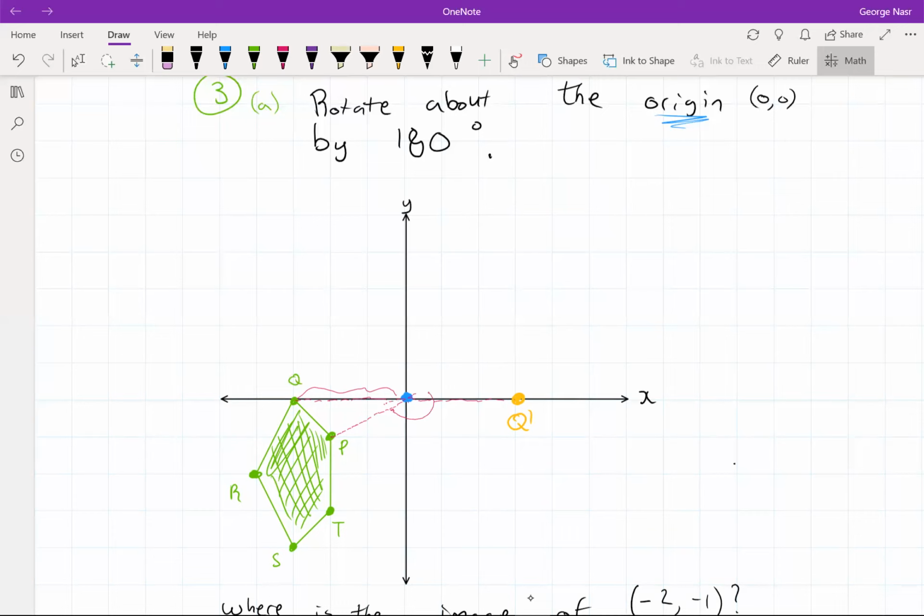So actually, I should be able to say that it goes exactly here, because this dashed red line right here is really a straight line, because this degree of rotation is 180 degrees. So that's what's really nice about 180-degree rotation, is what you're really doing is just drawing lines through the origin and then just letting them continue. So that is our P prime.